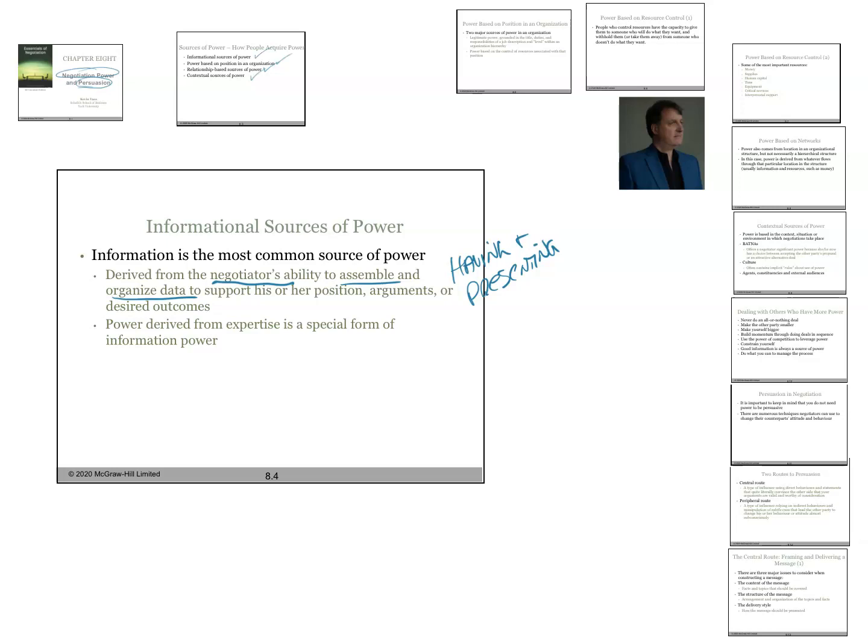The other way it shows up is in the specific expertise or knowledge you may have or have access to that gives you power. So if you have your own expertise, that gives you power in a specific sense, that you have some information or knowledge that your opponent might not have.